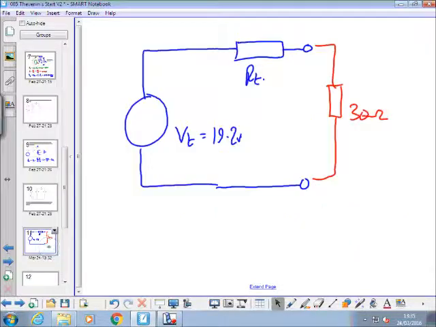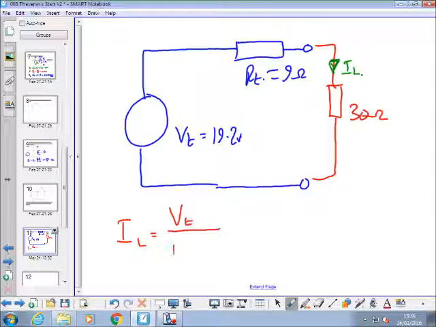So now we can add that value to our circuit there, and that will allow us easily to find IL, won't it? Because that's now just a simple series circuit. At this level, we're good enough to do that all in one go. We can say IL is equal to V Thevenin over R Thevenin plus the load resistance.